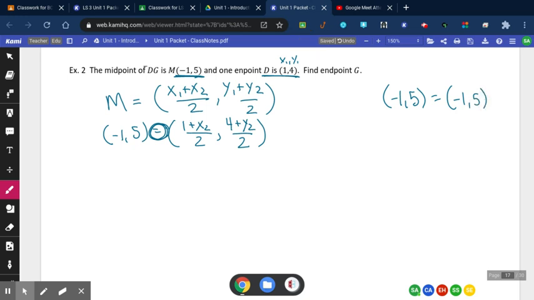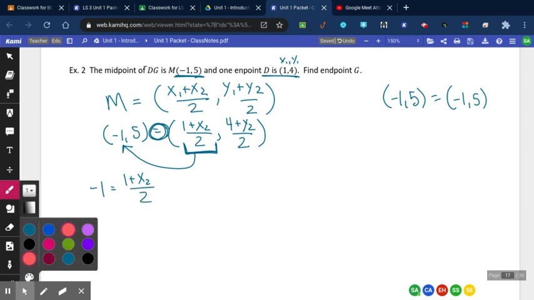So what this tells me is this whole part right here, I want to be equal to -1 so that equality is true, so that I don't have something that's false, right? So I need -1 to be equal to 1 plus x2 over 2. And when I think about the second part of this, I need my 4 plus y2 over 2 to equal 5.